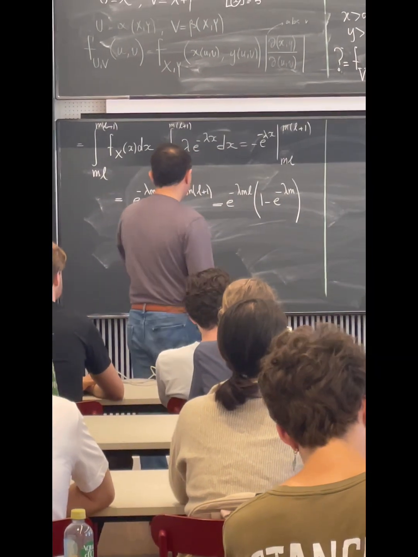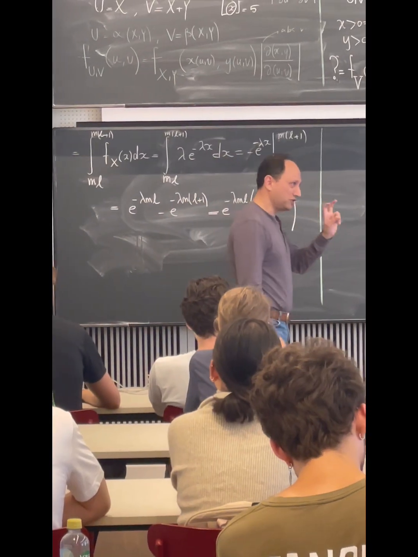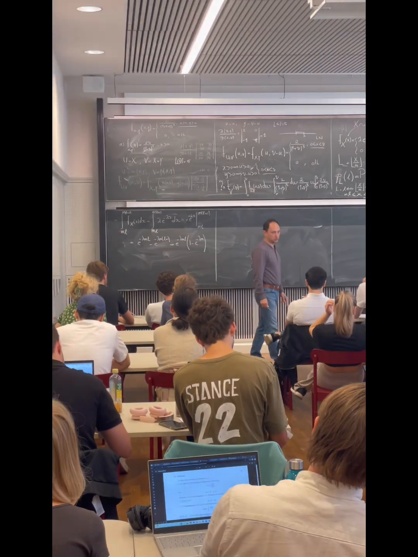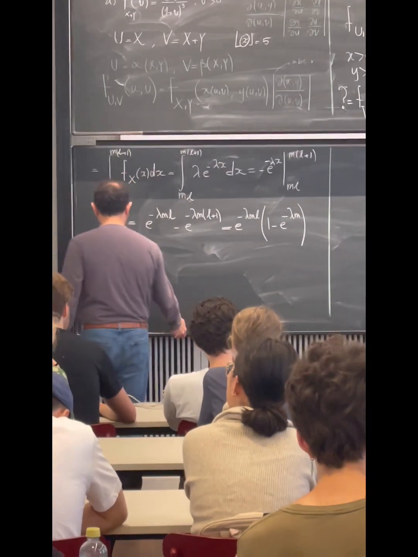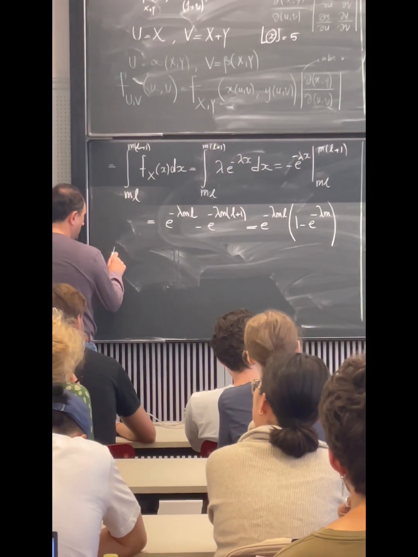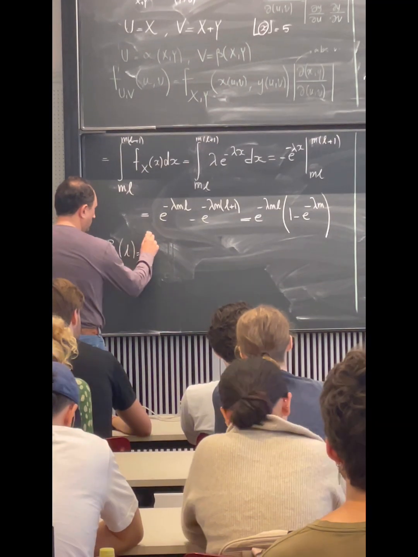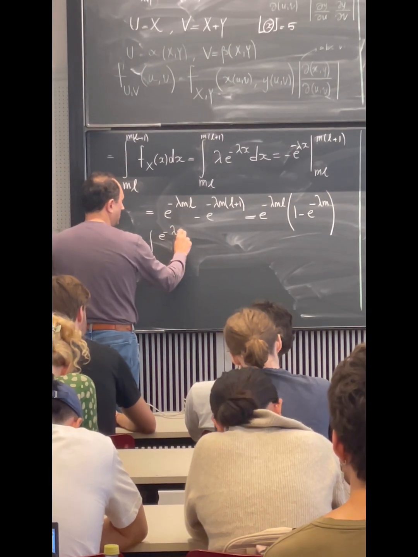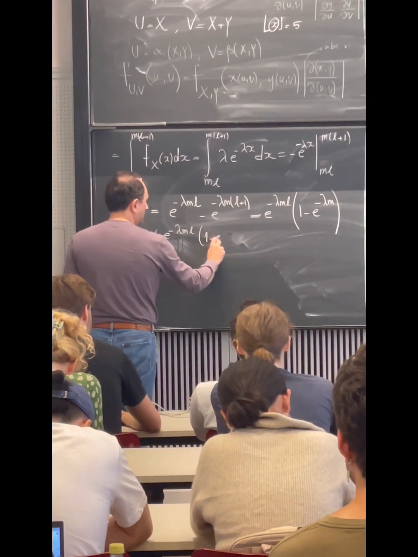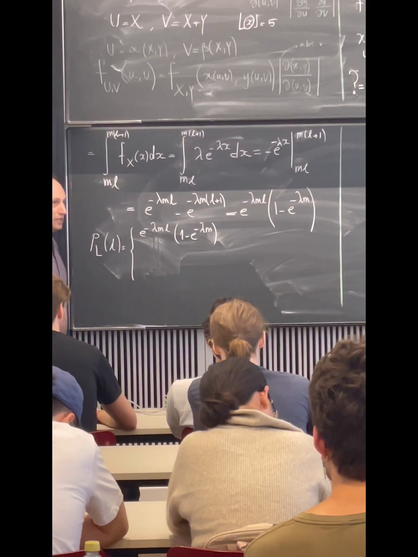But I haven't talked about what happens for other values. In principle, you have to emphasize that it is 0 if that is not the case. So if you really want to write it correctly, how can I finally write this one? Little p of L is equal to this expression, e to the power of minus lambda nL times 1 minus e to the power of minus lambda n. Under what condition, can you tell me?